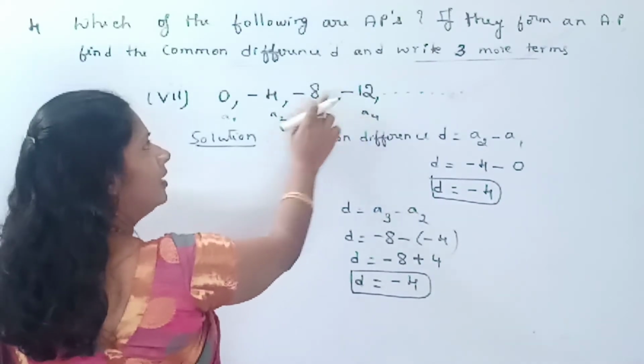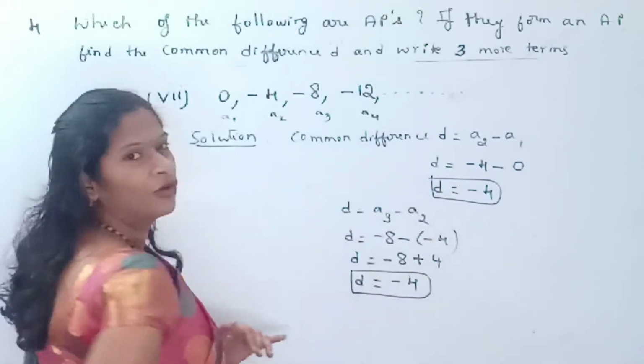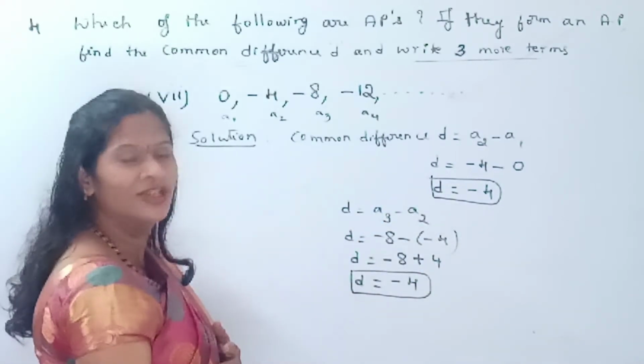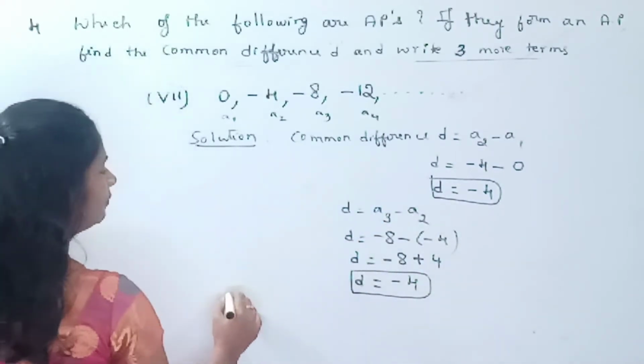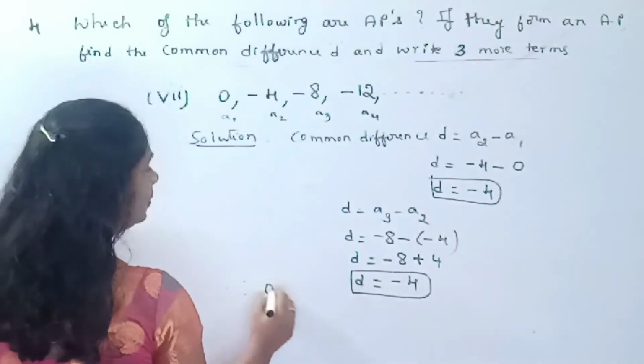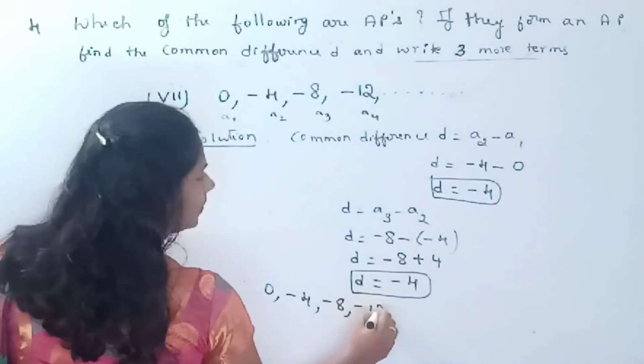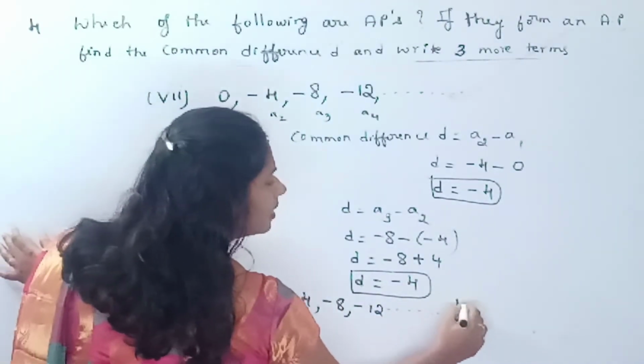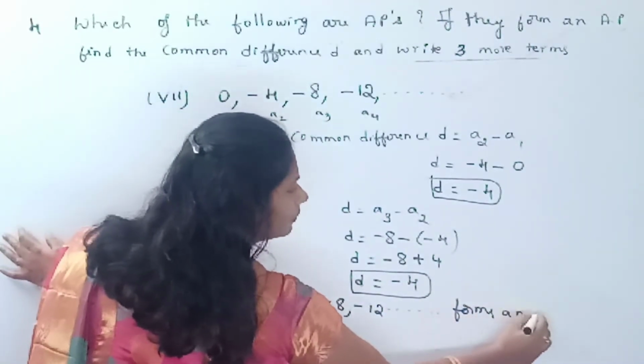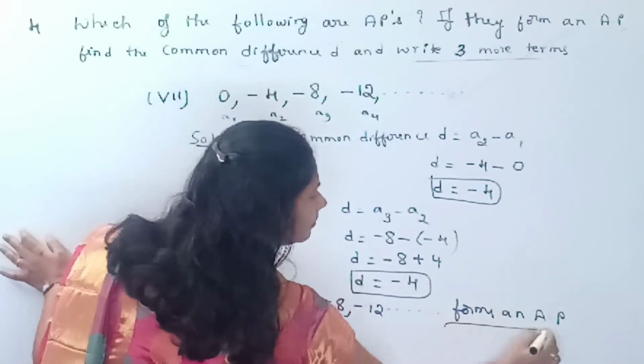So -12 plus 8, you will be getting common difference -4 itself. Therefore 0, -4, -8, -12 forms an AP.